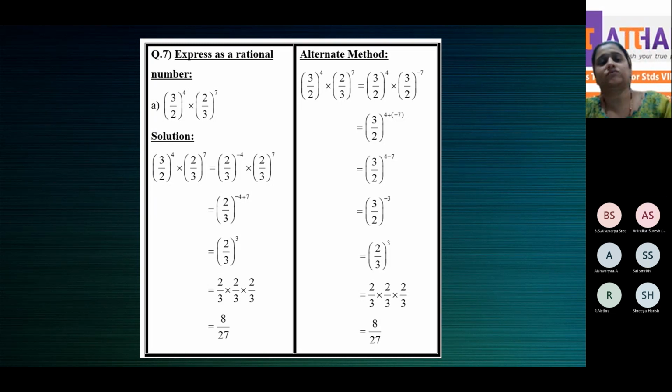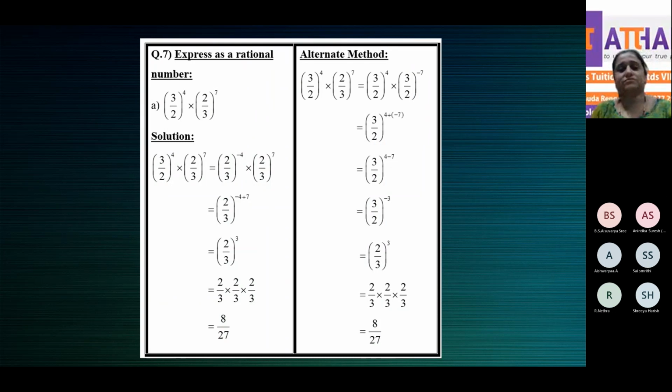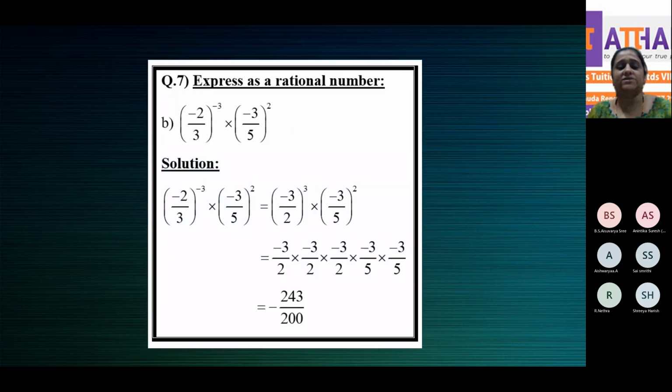Done, all of you? First answer? Done, ma'am. 1 minute. Okay, yeah. This is the second answer. Done, ma'am. Okay. All of you, is it comfortable for all of you?